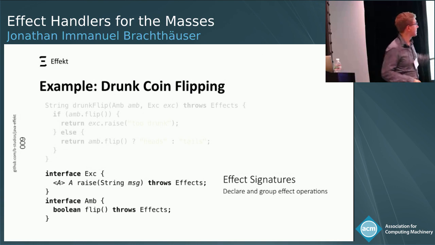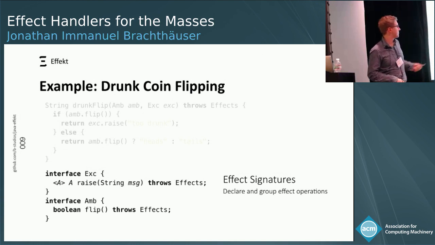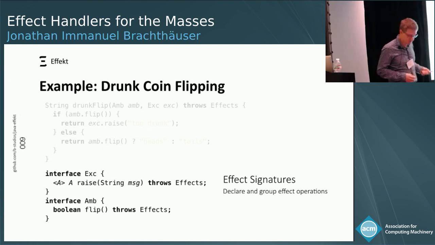The two capabilities have types which are defined in these interfaces, and these we call effect signatures, as we already have seen in the overview. Effect signatures just declare and group the effect operations. For instance, the ambiguity signature here mentions the flip effect operation, which returns a Boolean.